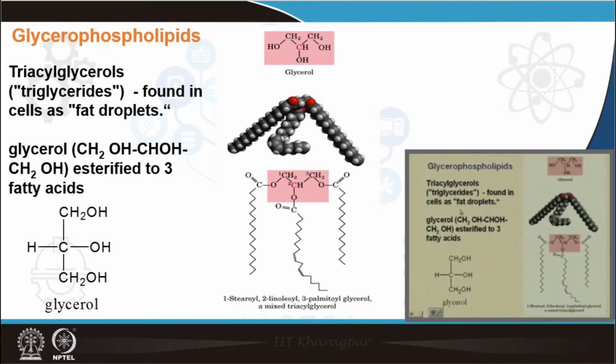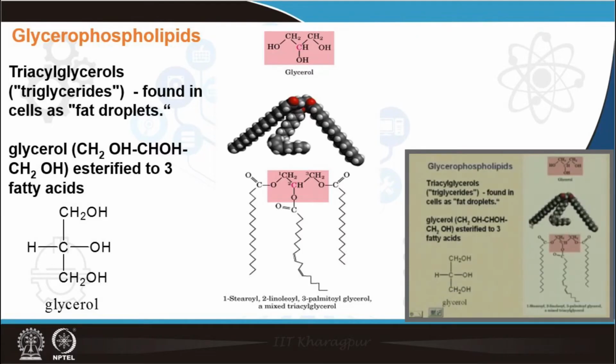If you have more fat droplets, then you need a fat restricted diet. Okay? So, this is what a triacyl glycerol would look like. What do we have here? Here is the structure of glycerol. We have 3 OH groups here. If each of them, number 1, number 2 and number 3, are each esterified, this is what it is going to look like.